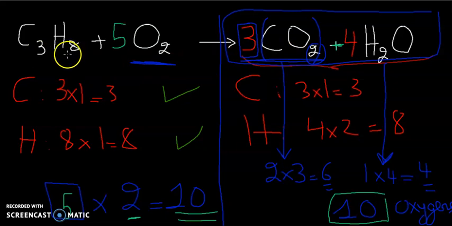Balanced. Hydrogen: here you have 8, and here, 4 times 2, 8. So they are equal on both sides of the equation. And now you have a balanced chemical equation. So the coefficients are 1, 5, 3, and 4.